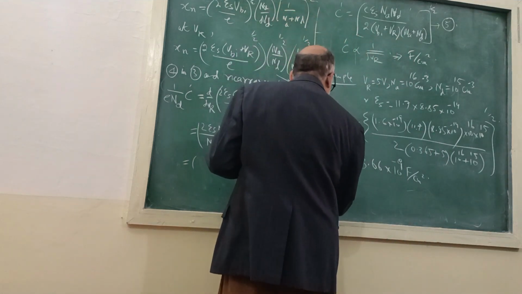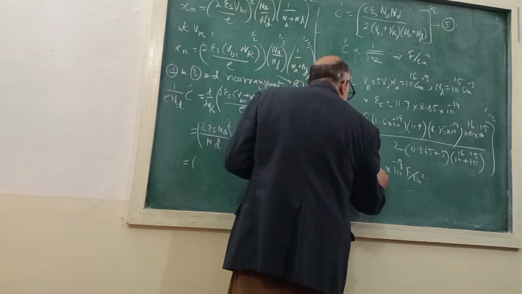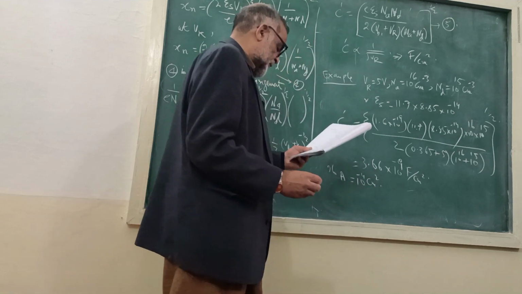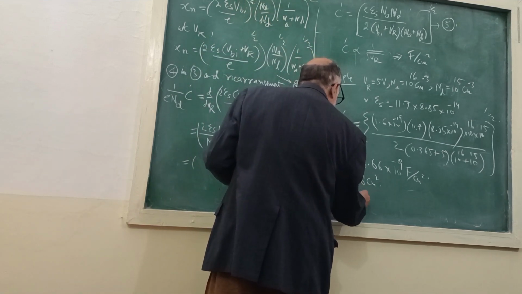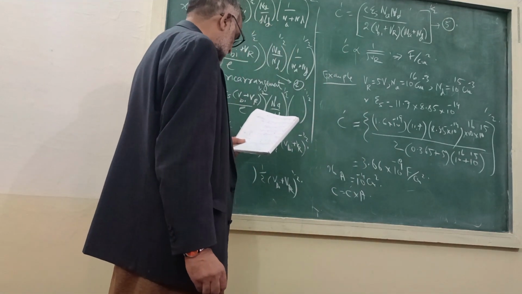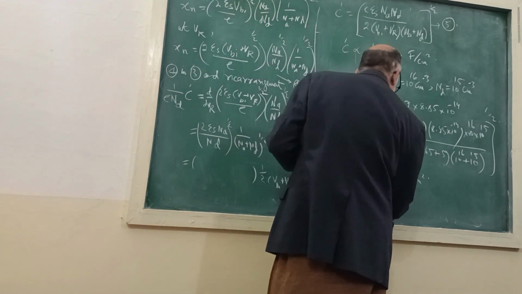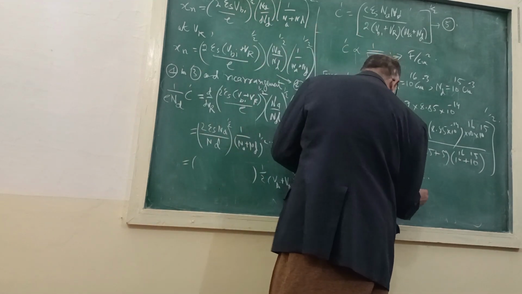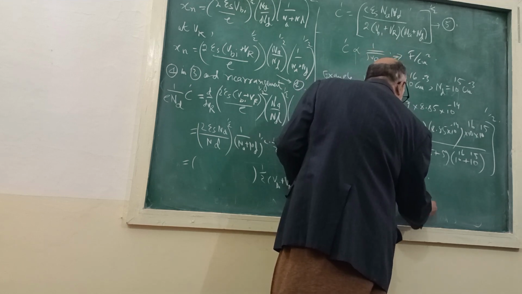If area is equal to 10 to the power minus 4 centimeter square, then capacitance C will be equal to C' multiplied by A, and that will be equal to 0.366 picofarad.